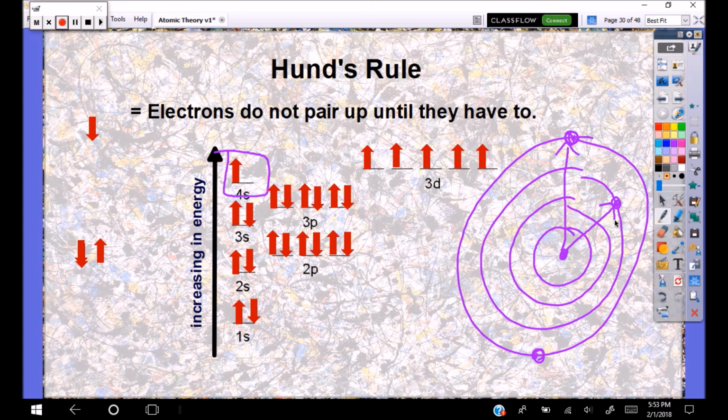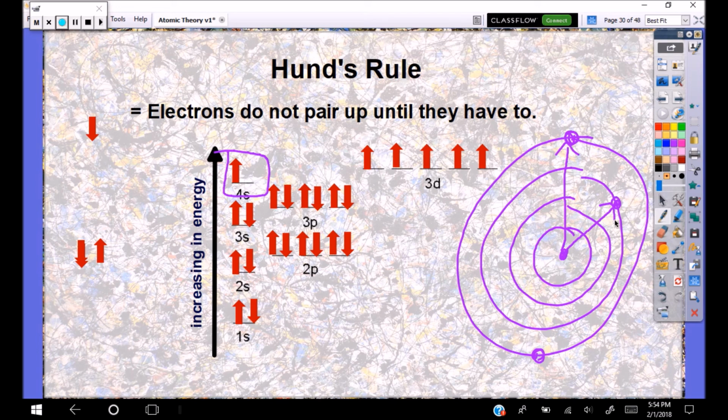So sometimes they rearrange and break the rules, especially when you're looking at transition metals, because they can spread out more, they can get closer to the nucleus so that it maintains the attraction. It happens fairly frequently. So be careful of that when you're looking at the transition metals and getting into the d orbitals, because you may see a rearrangement there.